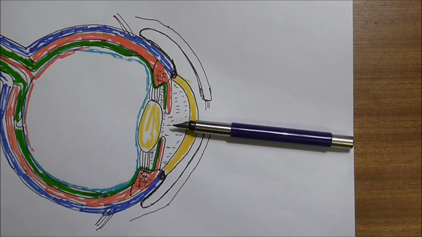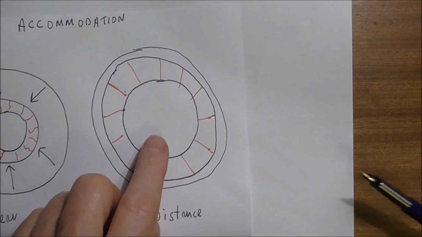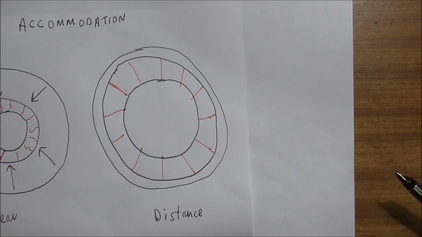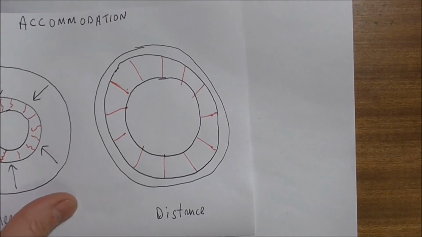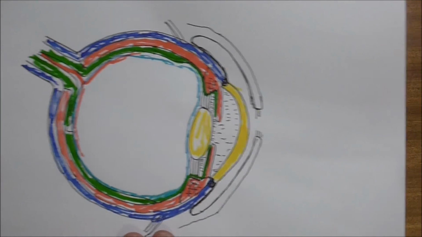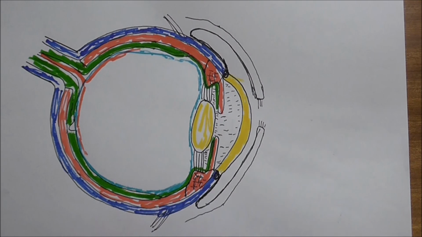So for distance vision, the ciliary muscles relax, the ciliary ring becomes thinner, thereby stretching the lens. That reduces the refractive angle of the light passing through the lens. Less refractive angle, so the almost parallel light rays from more distant objects don't need to be refracted as much, and they will be accurately focused on the retina to give us accurate focused images at a distance.